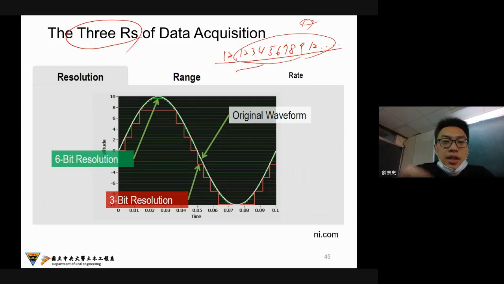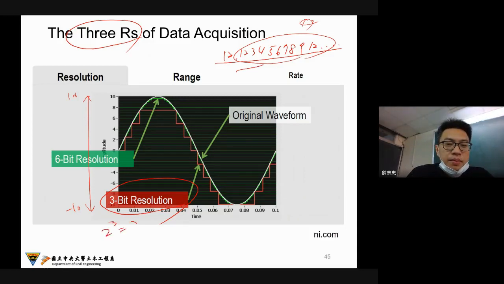Here is an example. The range is from -10 to 10. If I only have a 3-bit resolution, what does that mean? Only 2 to the power 3, only 8 steps for the quantification.